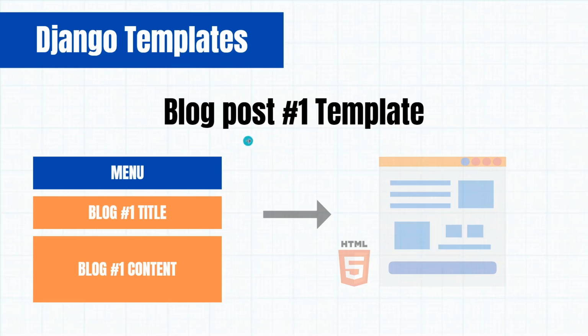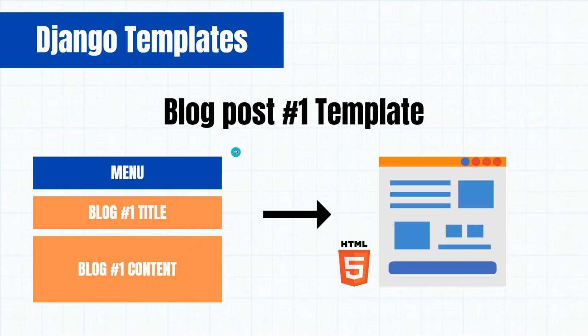So templates let you create a blueprint like this one right here that has a menu. And the menu will probably be the same across all blog posts. So it'll have like your logo and a link to the homepage, a link to all blogs, maybe the about. But then it will also have some dynamic information specific to the blog posts. So it'll have the blog title, in this case blog number 1 title, and the blog content, in this case blog number 1 content.